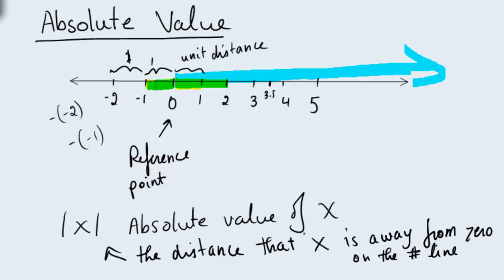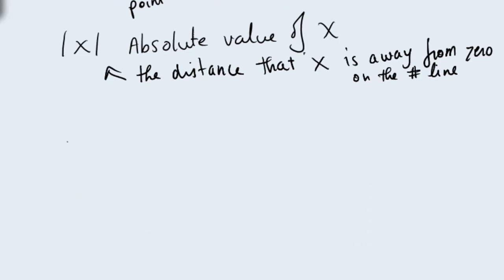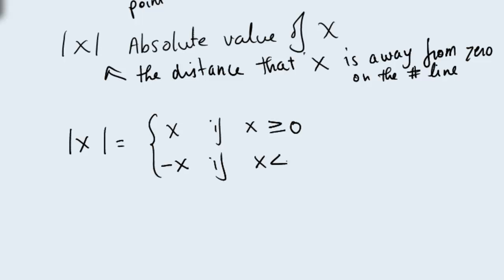The distance from 0 to -2 is 2 units. So the distance is positive. And we can say that absolute value of x is equal to, well, whatever that x is when x is either 0 or greater than 0. And it is equal to -x if x is less than 0.